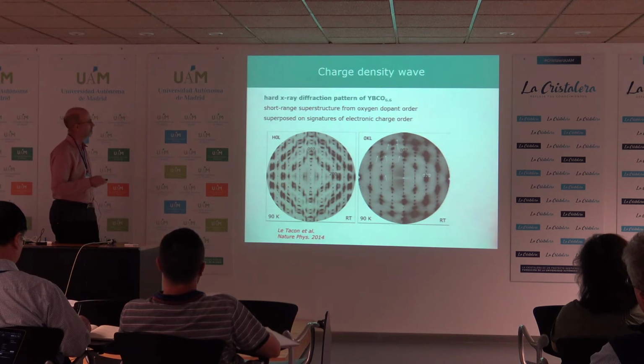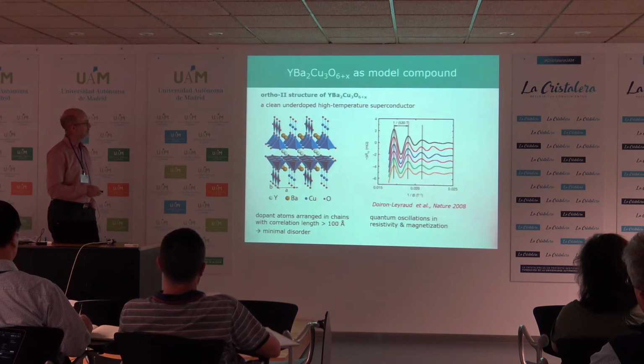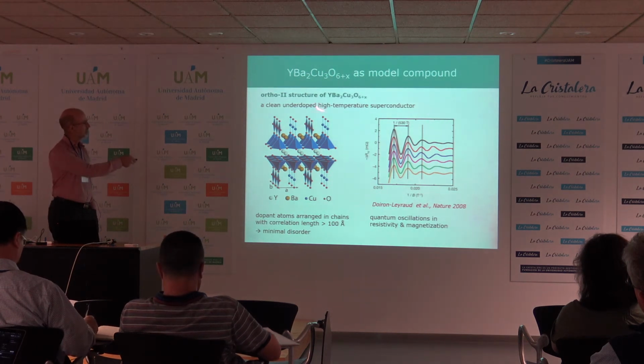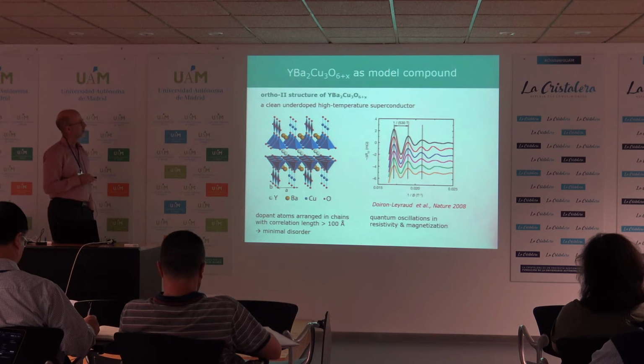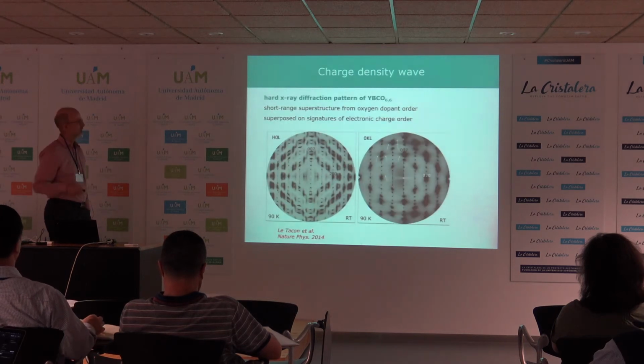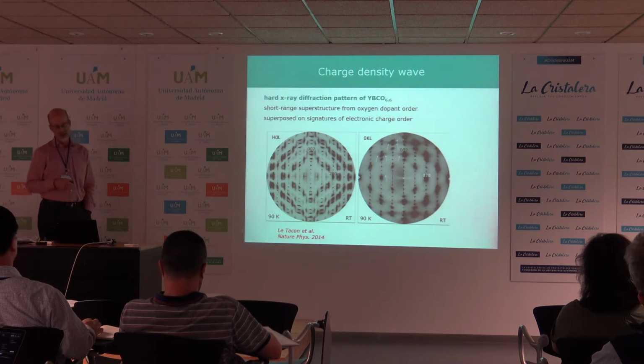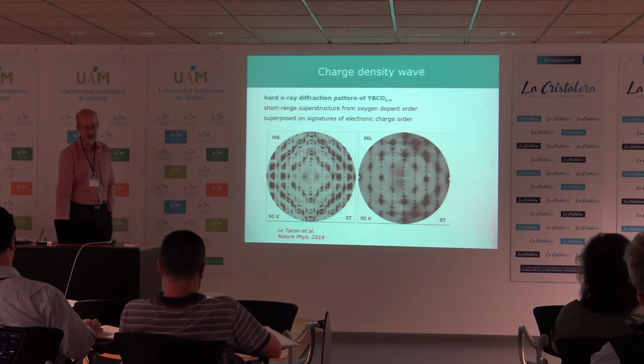This is not one of the cleanest samples here, where these peaks are sharper. But when you go to a generic YBCO crystal here with x not in a particularly favorable value, you see these huge diffuse scattering peaks. And on the background of these diffuse scattering features, it is very difficult to actually identify electronic charge order.